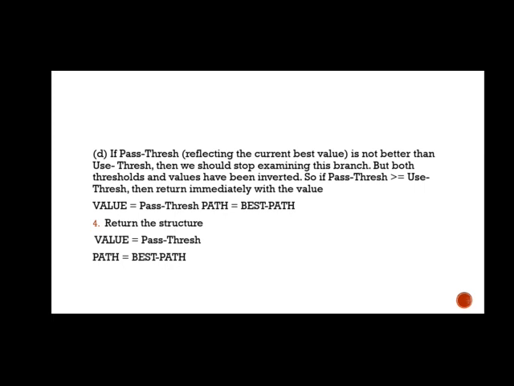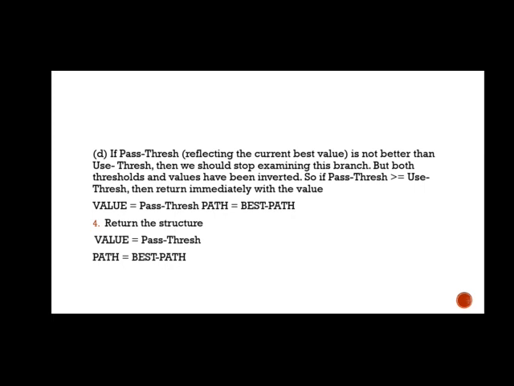So if Pass-Thresh is greater than or equal to Use-Thresh, then return immediately with value equal to Pass-Thresh and path equal to best path. That is the same thing as when we said that if alpha is greater than or equal to beta, we can prune. And in the fourth step, we return that structure, value equal to Pass-Thresh, and path equal to best path.